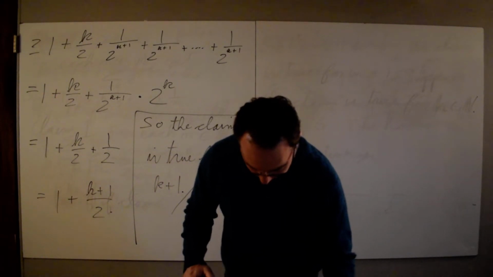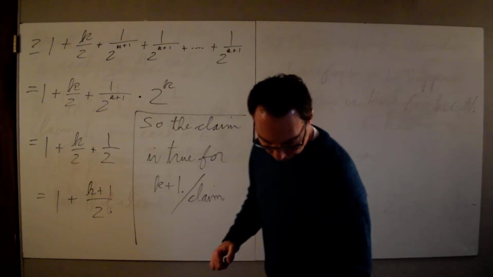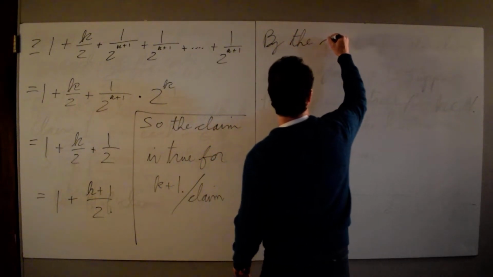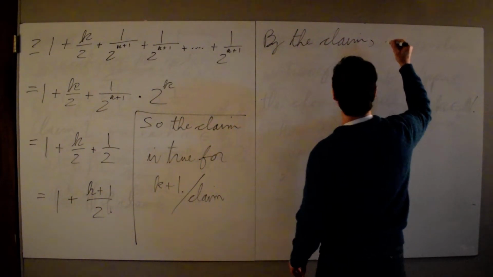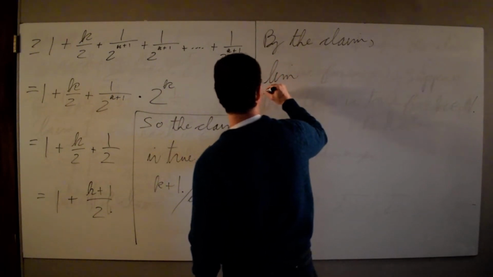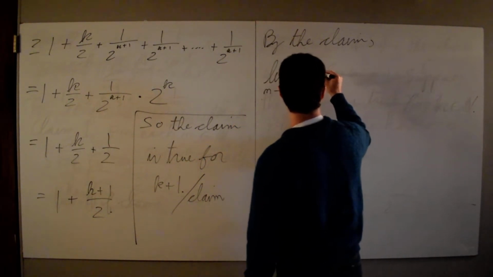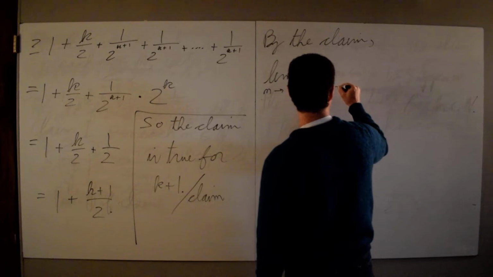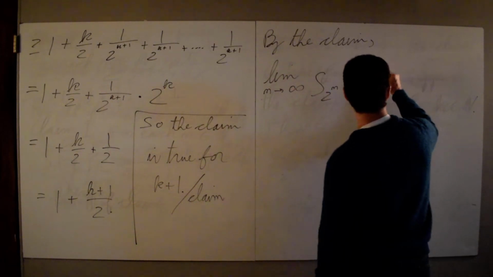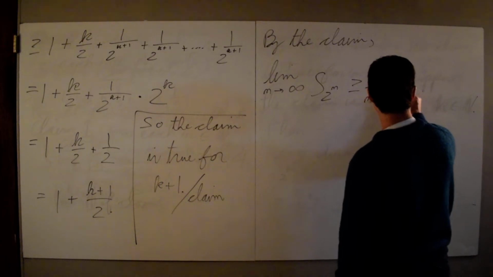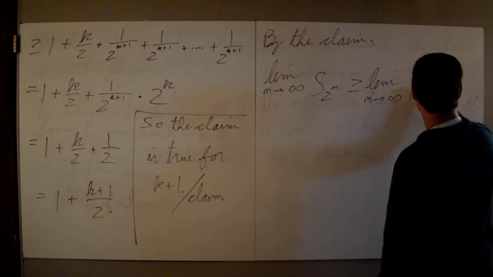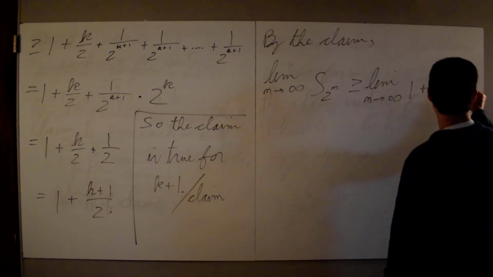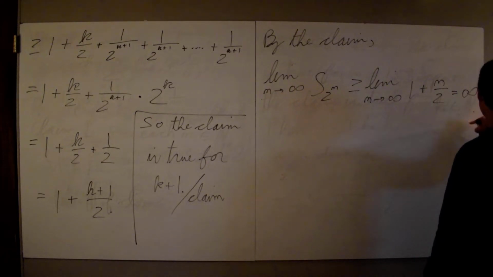So now, by the claim, the limit as n goes to infinity of s sub 2 to the n is greater than or equal to the limit as n goes to infinity of 1 plus n over 2, which itself diverges.